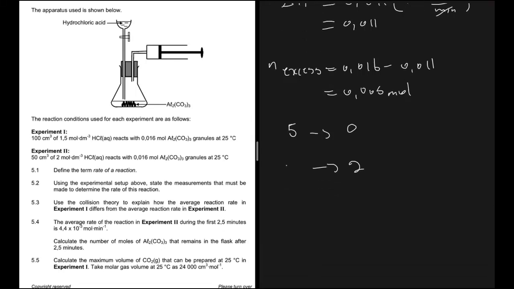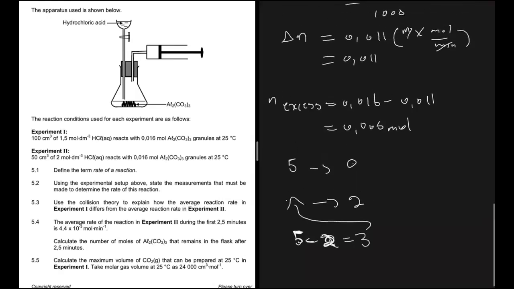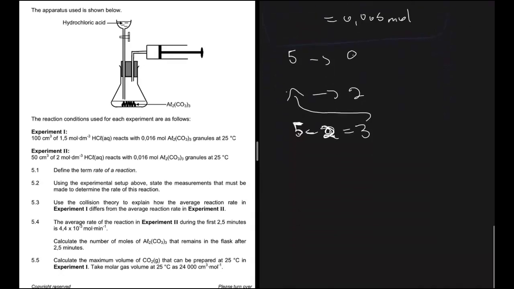You're going to subtract the change in the apples you've eaten from the number of apples you started with. So here you had eaten 0, now you've eaten 2. So you're going to say 5 minus 2, which will give you 3. And then the 3 will be the excess. So it's the same thing with this question. That's the same idea I'm using.